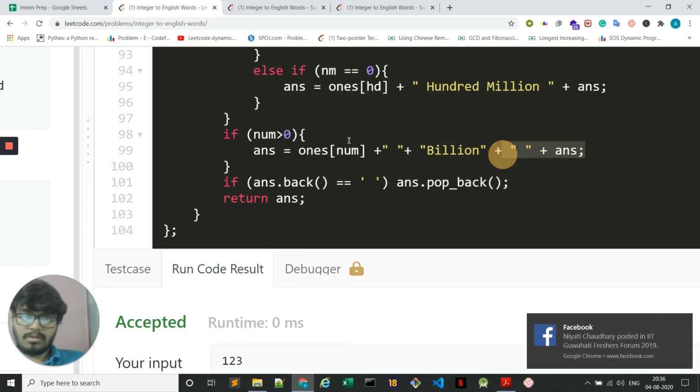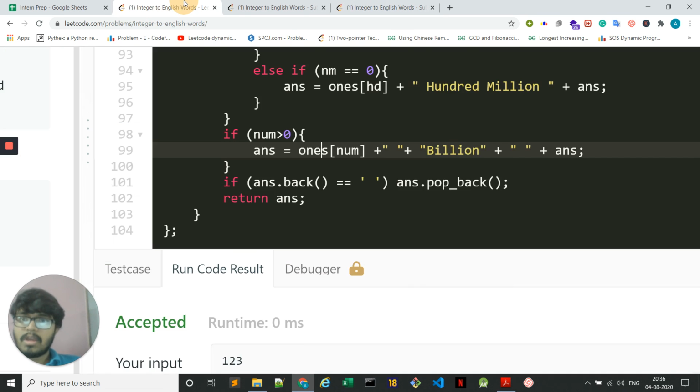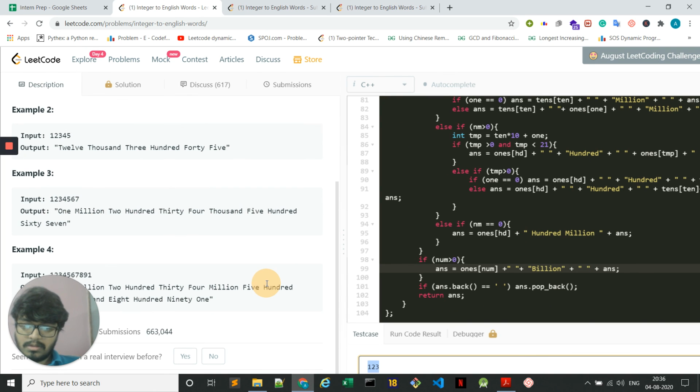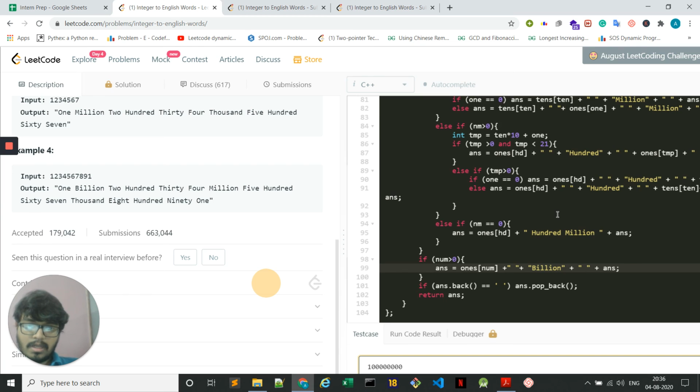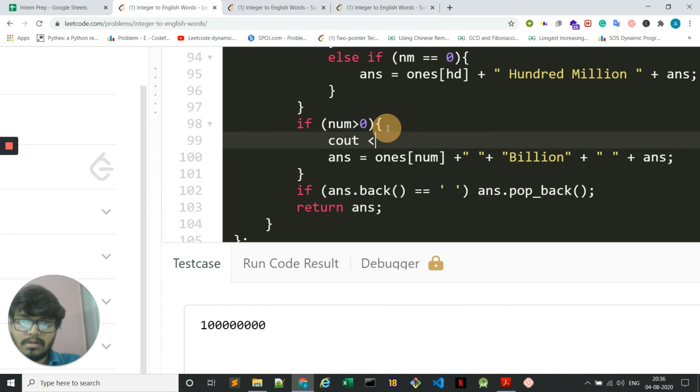So if I process this as my input, just a second. Yeah. And secondly, let me see. I'm curious to know what is the value over here.